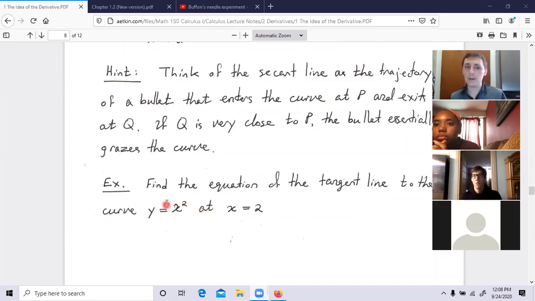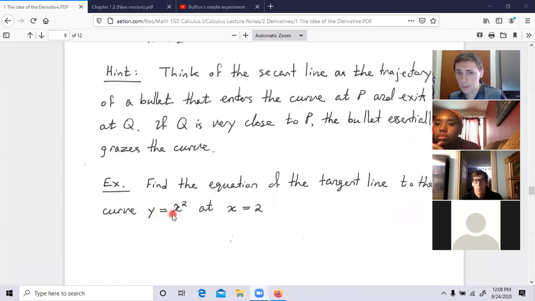I'm saying I have a curve, and I need to find a tangent to this curve where x is equal to 2. What do I mean by x equal to 2? That means that the point at which I'm calculating the tangent line is 2, 2 squared. Because what is this curve? When you specify a curve using a function, you are telling me how the y coordinate is determined by the x coordinate. You understand? That's what a function is.